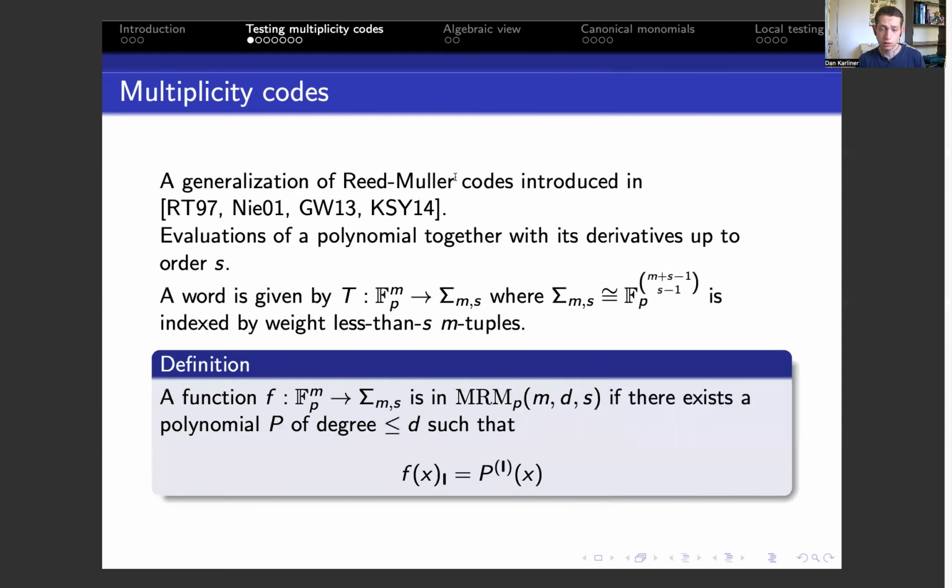Now we think of a word in the multiplicity code, again, as a function from F_p^m, now to some larger alphabet, where the larger alphabet consists of many copies of F_p, which are indexed by weight less than s m-tuples, where we think of these tuples as telling us the directions relative to which we took our derivatives. And we say a function is in the multiplicity code if it's consistent with the values of a polynomial and its derivatives everywhere in F_p^m.